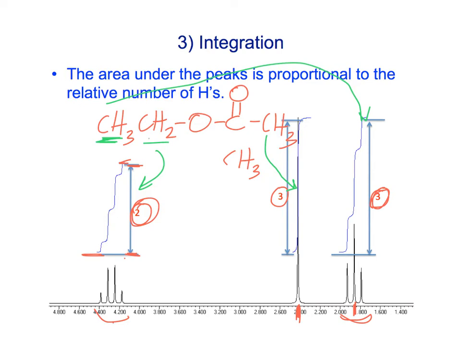So in this case, we don't have an oxygen directly attached, but that oxygen is just one more atom away. So there is going to be some effect through several bonds, but that deshielding is going to drop off the more bonds that it is away. All right, so integration gives us the relative number of protons under each signal. So it's just measuring an area.